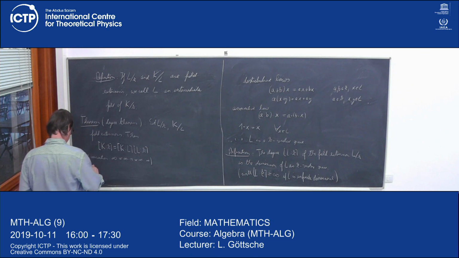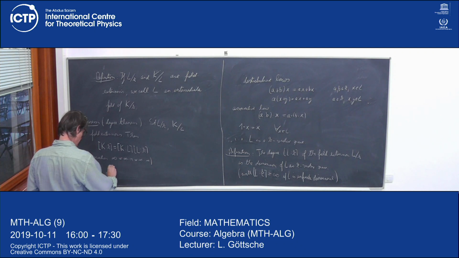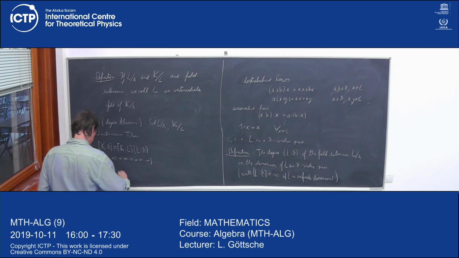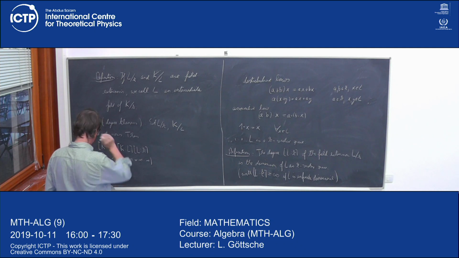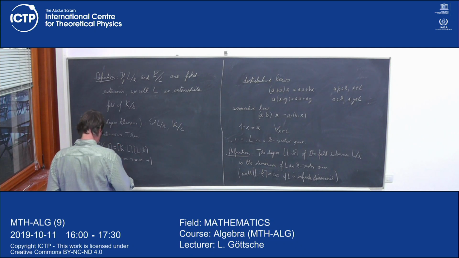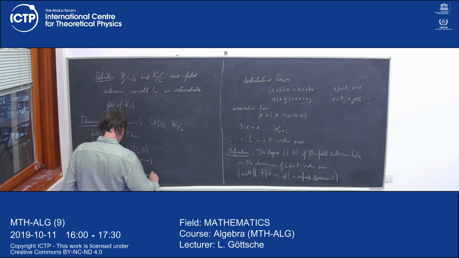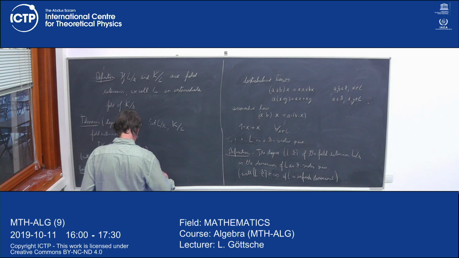So it's clear if L over small k or K over L is of infinite degree, then also K over k is infinite.